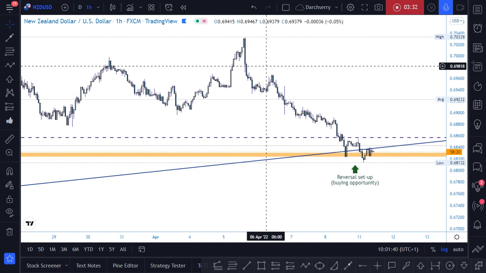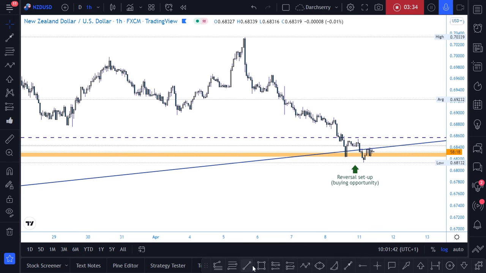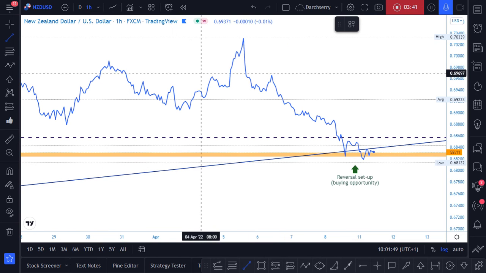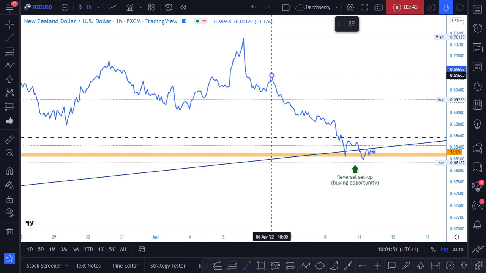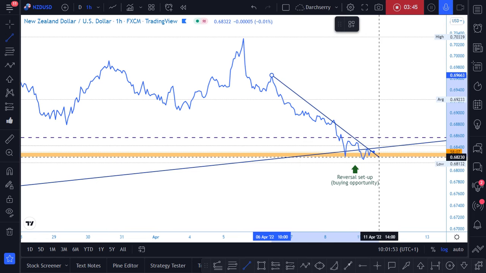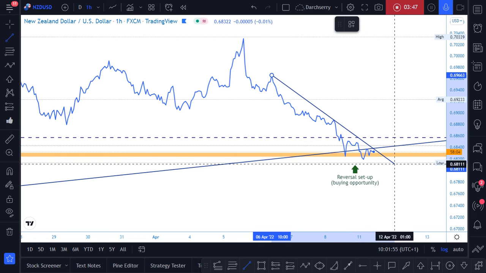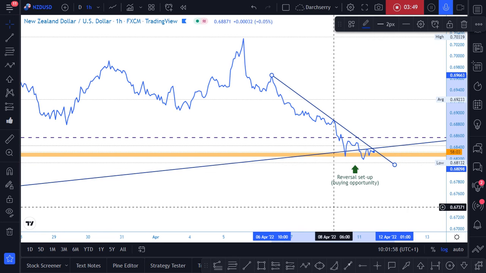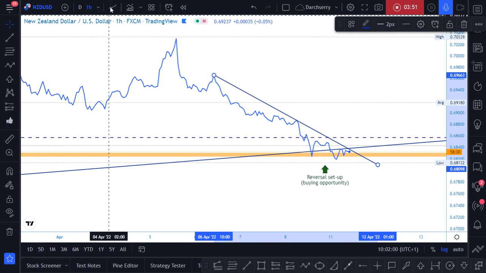Now, if we look at this, this impulse leg has fallen in a uniform way, and we could identify a resistant level on this downtrend.